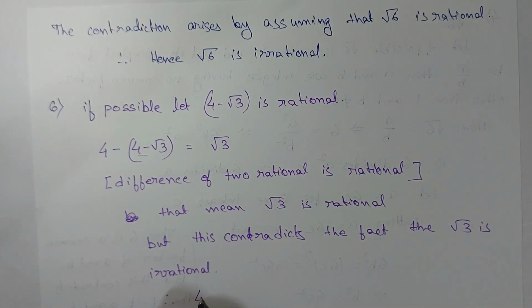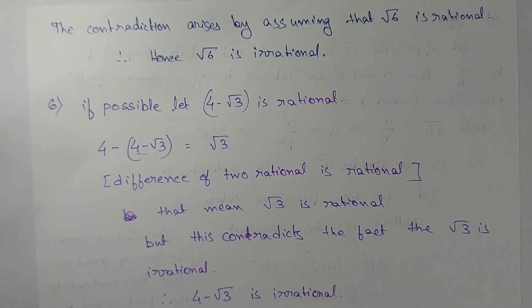Therefore 4 minus root 3 is irrational. Understood?